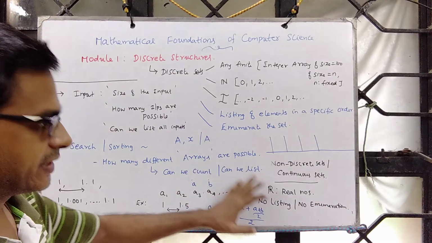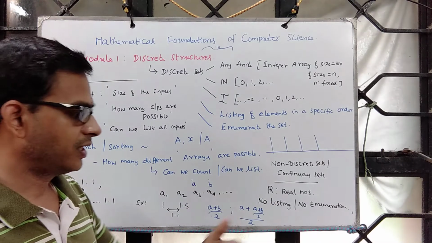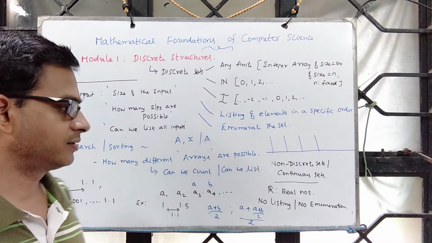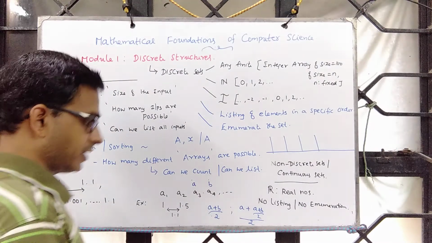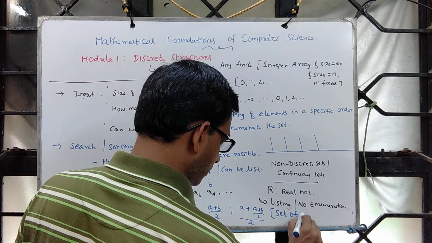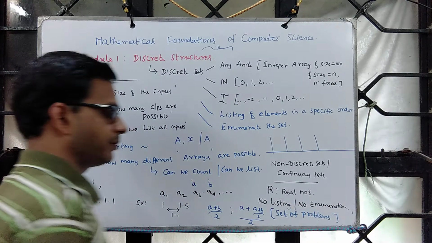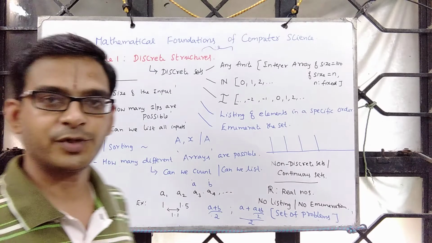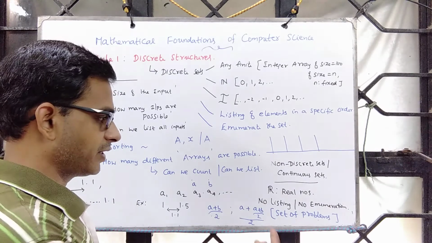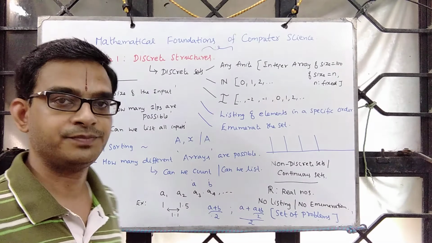Now, are there continuous sets in computer science? Are there sets that cannot be listed? Are there sets that cannot be enumerated? The answer is yes. In fact, the set of problems in computer science, the set of computational problems, something that you wish to solve using computers, is an example of a continuous set.